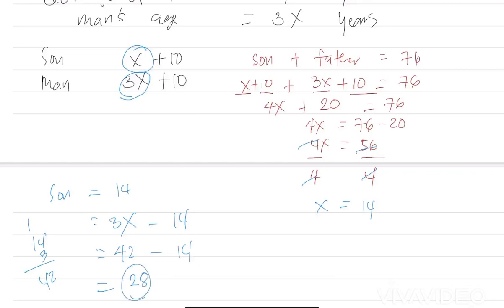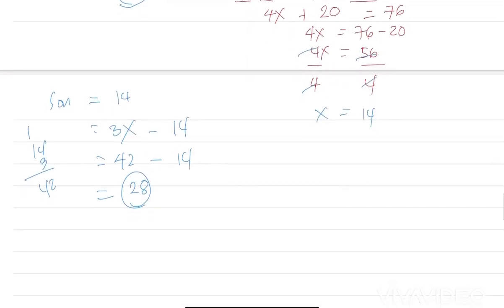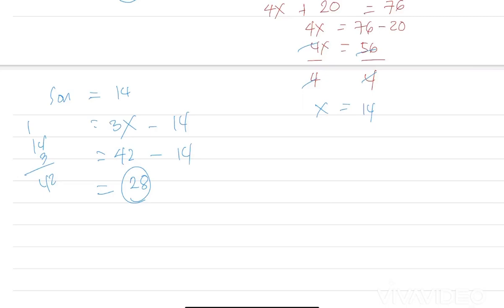So meaning 28 is the age of the father when his son was born. Therefore, when the son was born, the man was 28 years old.